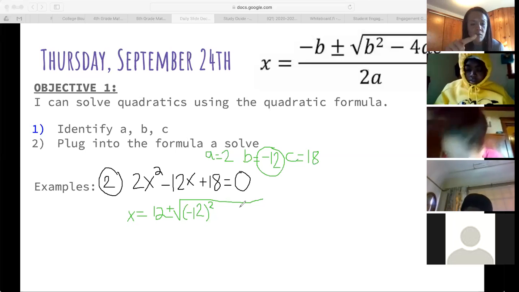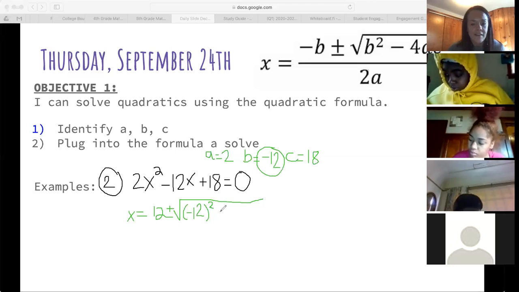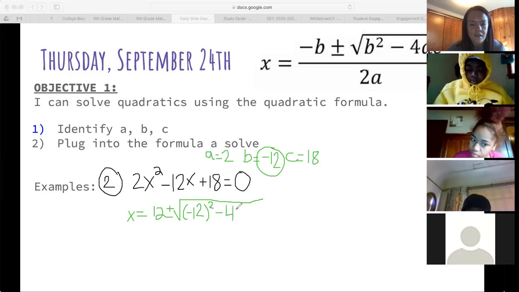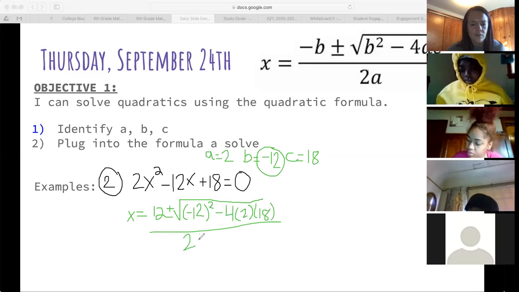And this is negative 12 times negative 12. It should end up being a positive. So just be careful that you put that in parentheses. All right, minus 4 times A, which is 2, and times C, which is 18. All over 2 times A, which is 2.